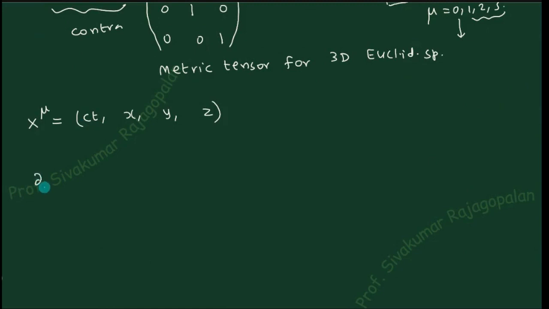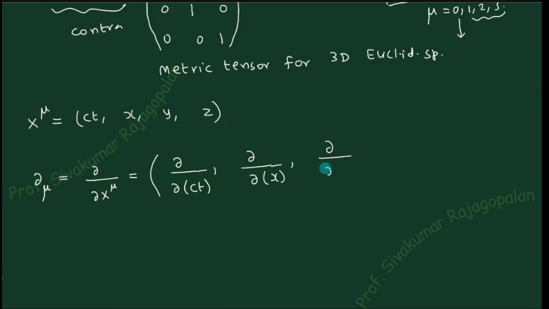And therefore I can now write down, this is your ∂_μ. That will be equal to ∂ divided by ∂x^μ. So what is that? It is nothing but the set of four elements that we are going to write down. It is ∂ divided by ∂ of the first element, comma, ∂ divided by ∂ of the second element, then comma.